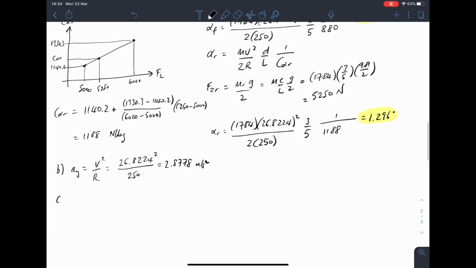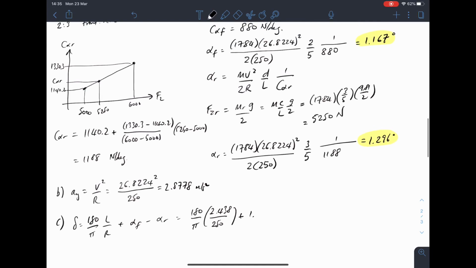Okay, part C. Find the steering angle, so delta equals L upon R, or in fact 180 divided by pi, L upon R plus alpha F minus alpha R. 180 divided by pi, 2.438 divided by 250 plus 1.167 minus 1.296.